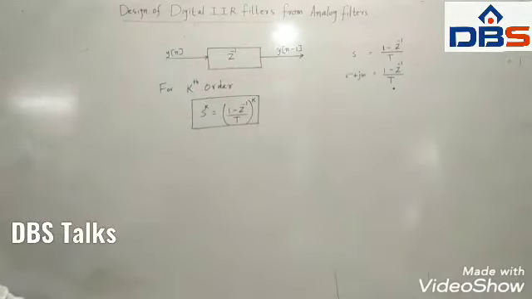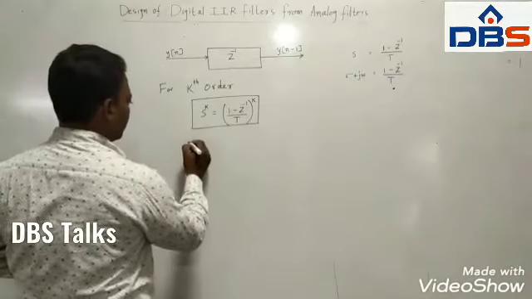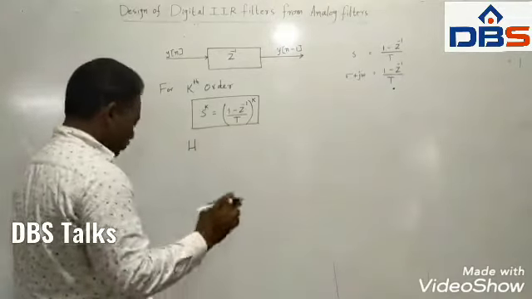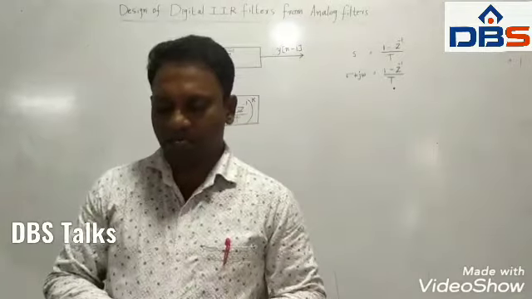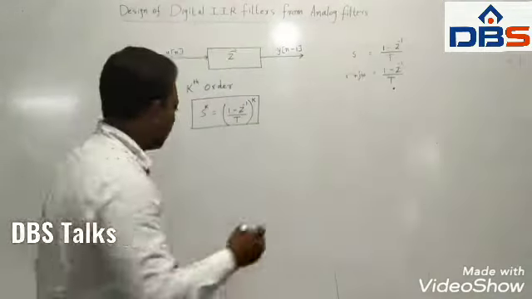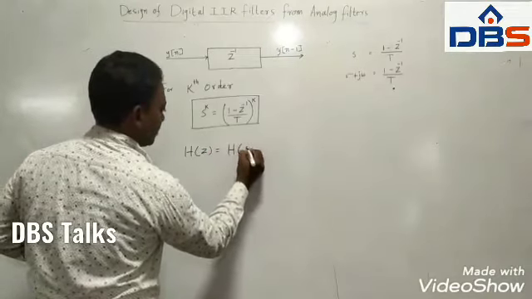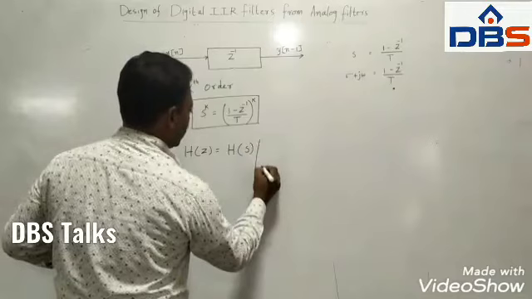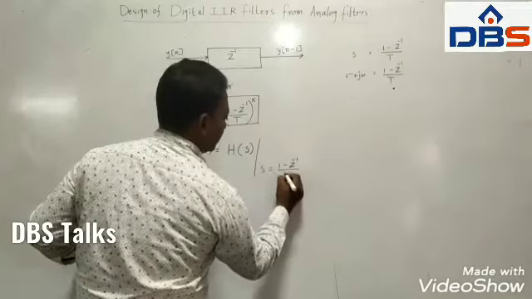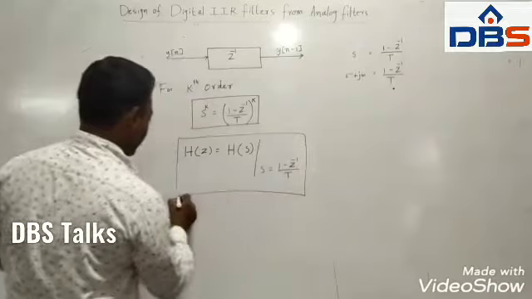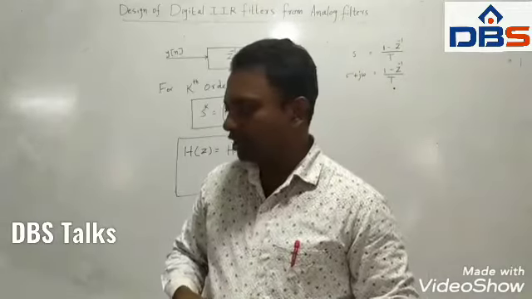Therefore, if you want the relation between the continuous transform domain and the digital transform domain, we must have H of z equal to H of s at s equal to 1 minus z inverse by T. This is the relation to convert an analog filter into a digital filter using the derivatives method.